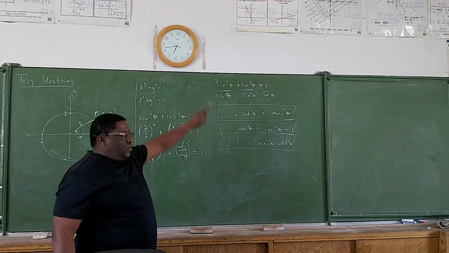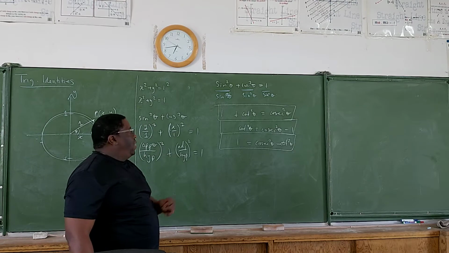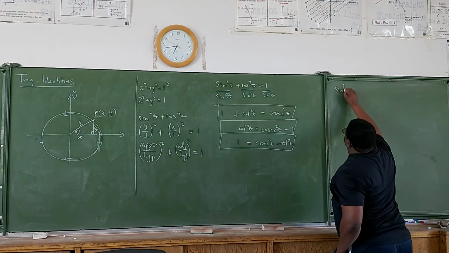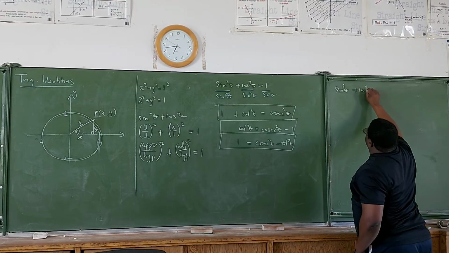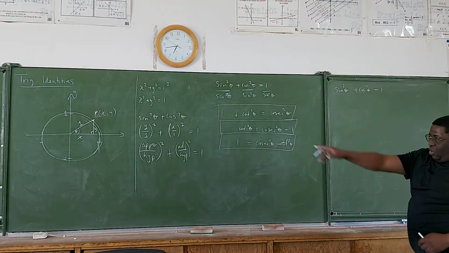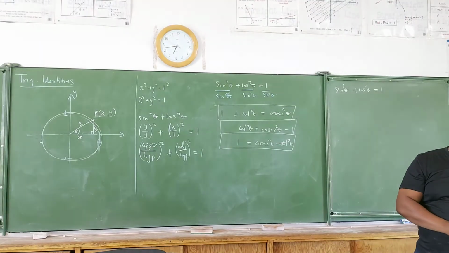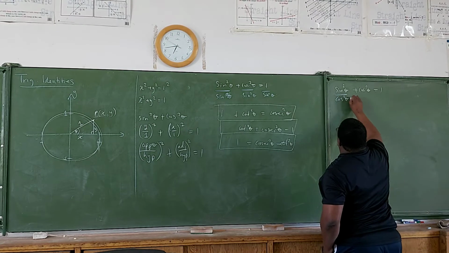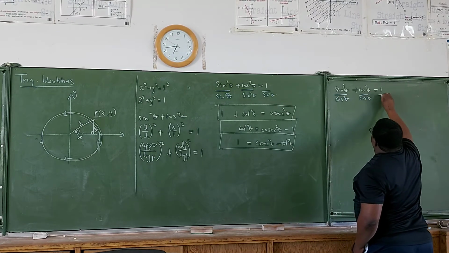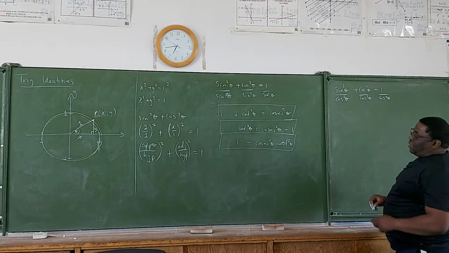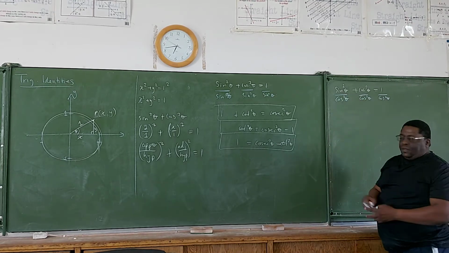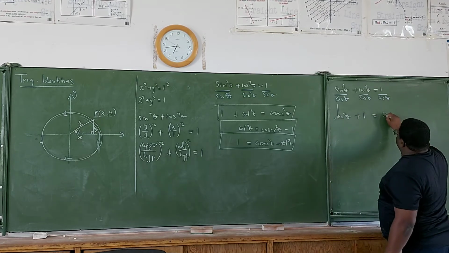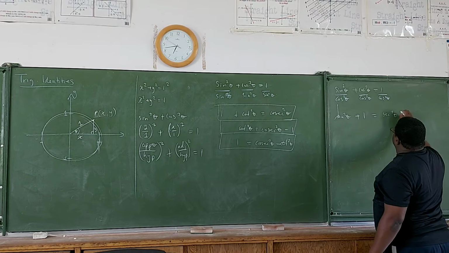Good? Now let's take that same identity and divide throughout by cos squared theta. So sin squared theta plus cos squared theta equals 1, which we know is the equation of a circle with a radius of 1. Dividing throughout by cos squared theta, that gives us tan squared theta plus 1 is equal to sec squared theta.